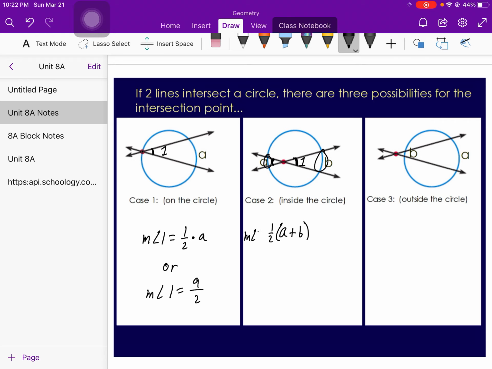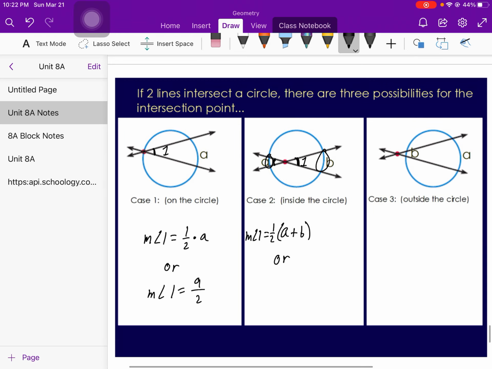So the measure of angle 1 is equal to 1/2 times (A plus B), or the measure of angle 1 is equal to A plus B, those 2 arcs, divided by 2. It's the same formula, but we are adding up those 2. So we're finding the average of those 2 corresponding arcs, and that's going to give us our angle.